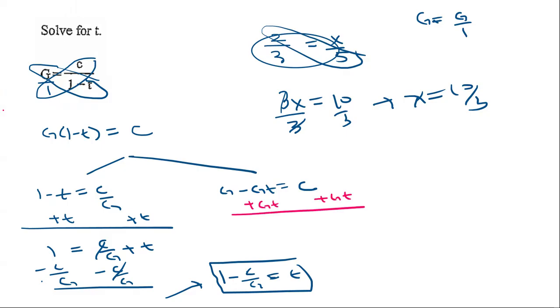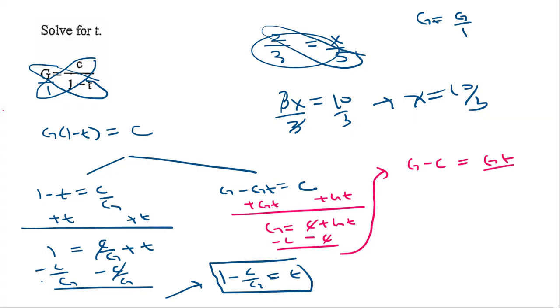That gives us g is equal to c plus gt. Then subtract a c, and that gives us g minus c is equal to gt, because these c's cancel. Then I divide by g, and that gives us this.